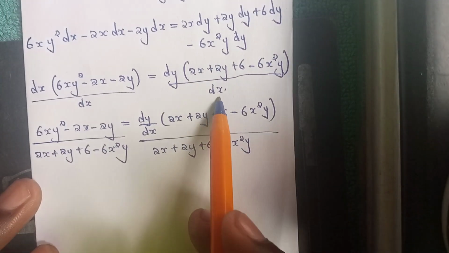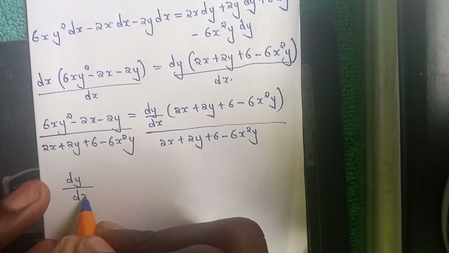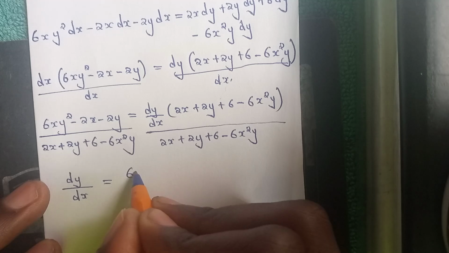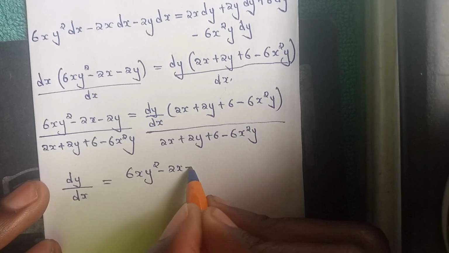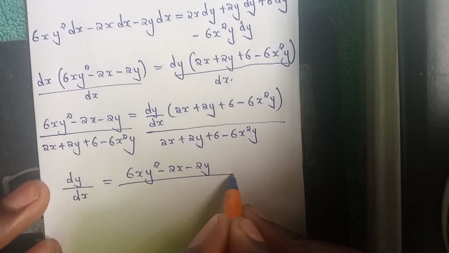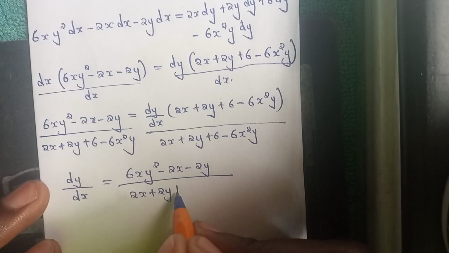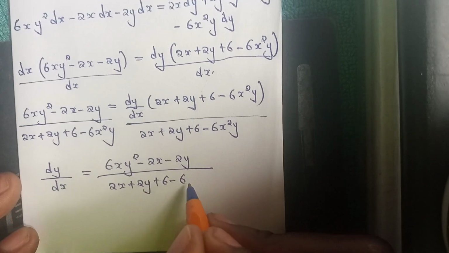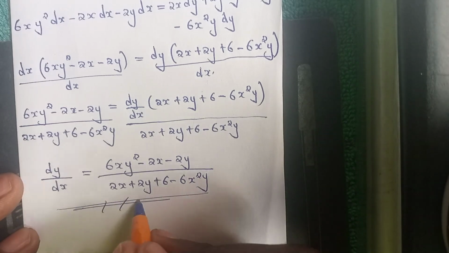So when I divide here, it will be 1. So I'm going to remain with dy over dx must be equal to 6x y squared minus 2x minus 2y over 2x plus 2y plus 6 minus 6x squared y. So that is my dy over dx.